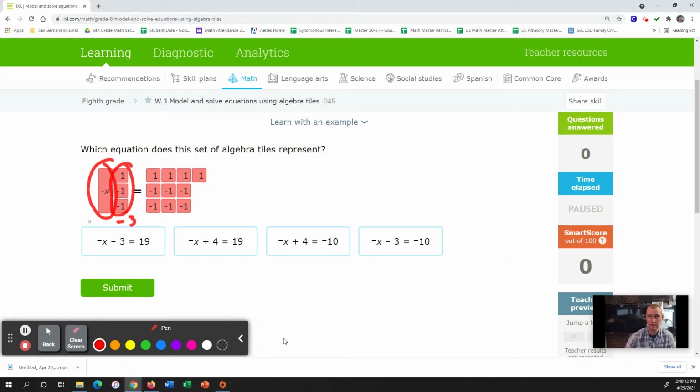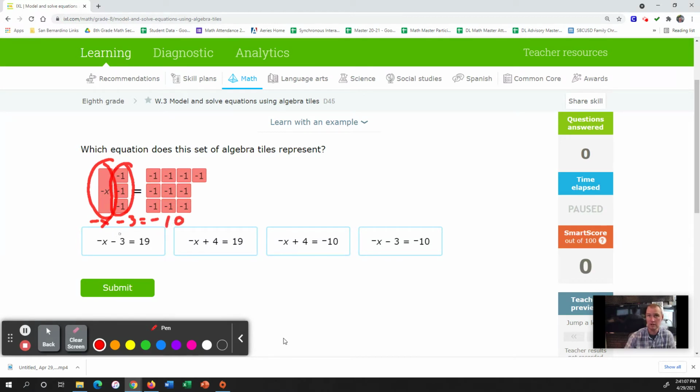The first one, negative x, is just there by itself, so I've got negative x minus 3. Bring down the equals. Now I'm going to count the number of tiles that are also negative 1 on the right side. So I've got 1, 2, 3, 4, 5, 6, 7, 8, 9, 10. So negative 1, subtract 1 ten times, will give you negative 10.